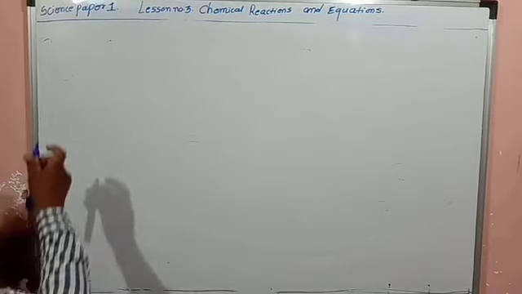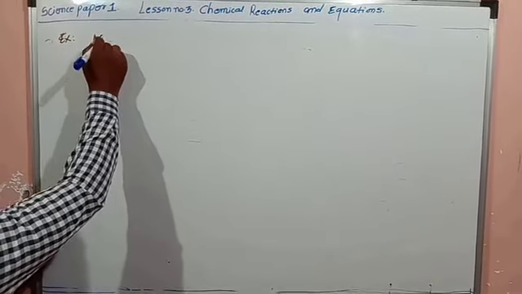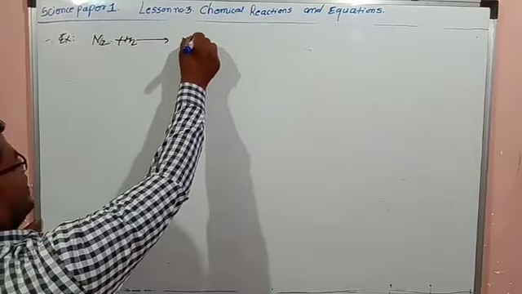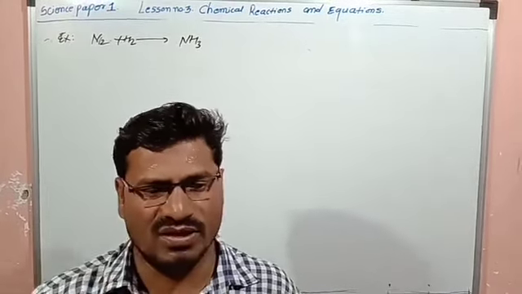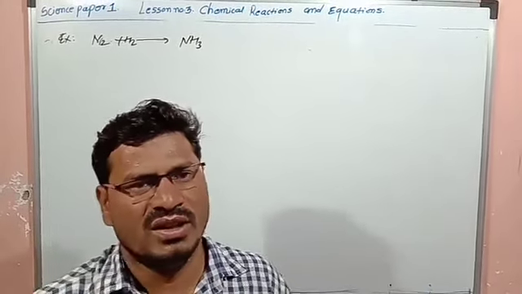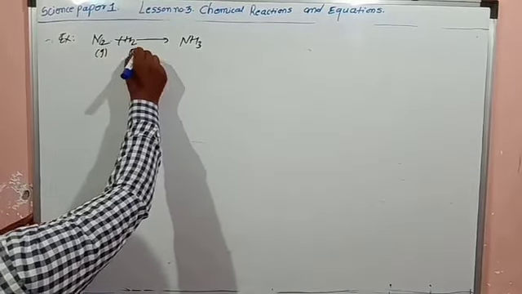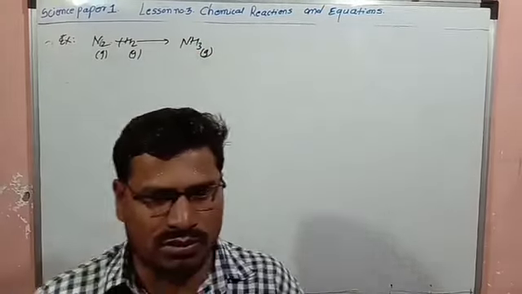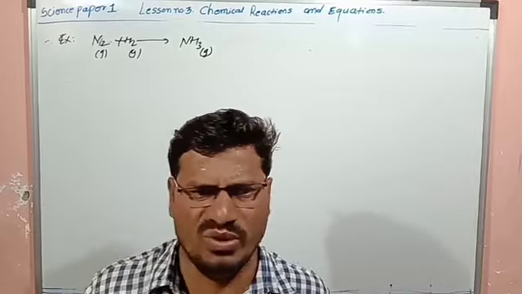N2 plus H2 gives NH3, and the physical states are given: gaseous here, gaseous here, and gaseous here also. Just write the steps to balance the chemical equation.